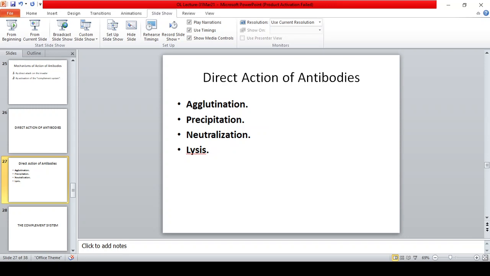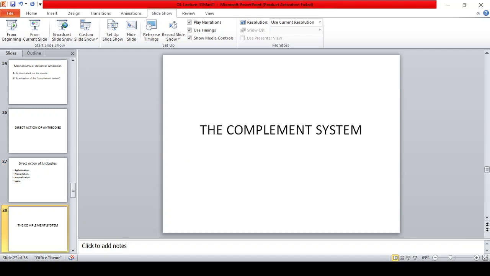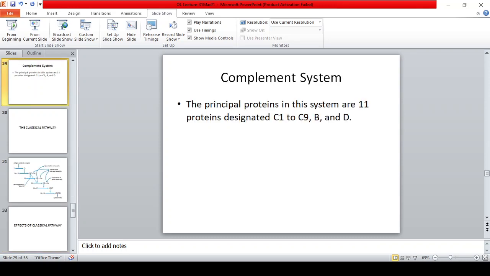The second important mechanism is the activation of the complement system. Now, a complement is a collective term that describes a system of about 20 plasma proteins, and mostly these are precursors of enzymes.